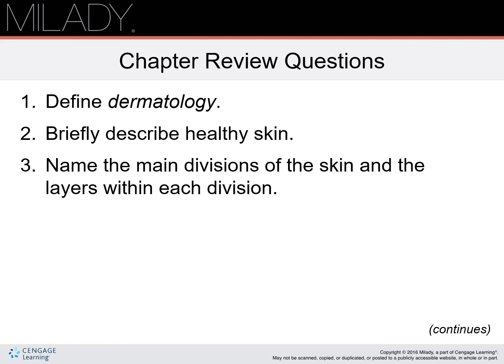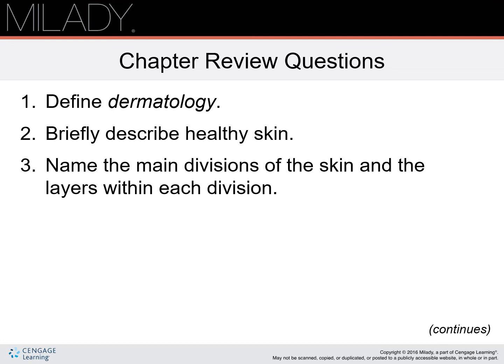So let's review a little bit just shortly. Dermatology, that's the study of skin. What is healthy skin? It's soft, flexible, smooth, and slightly acidic. Name the main divisions of the skin and layers within each division.